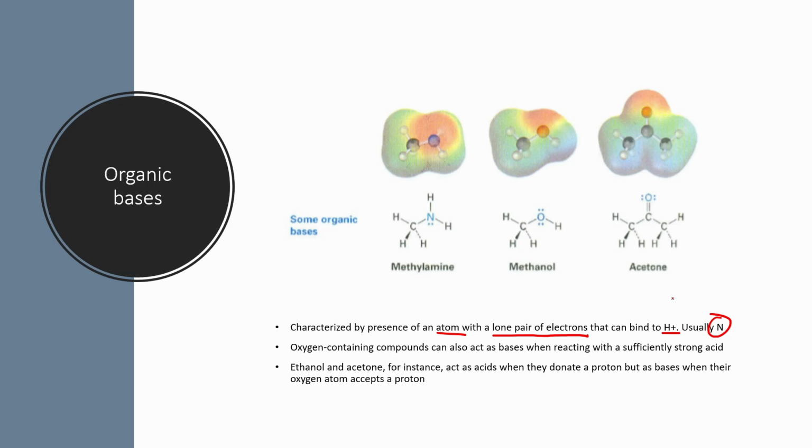Ethanol and acetone, for instance, act as acids when they donate a proton, but they act as bases when their oxygen atom accepts a proton. So it could be either a nitrogen-containing compound, or an alcohol, or an acetone, a ketone, if there is a presence of a strong acid.